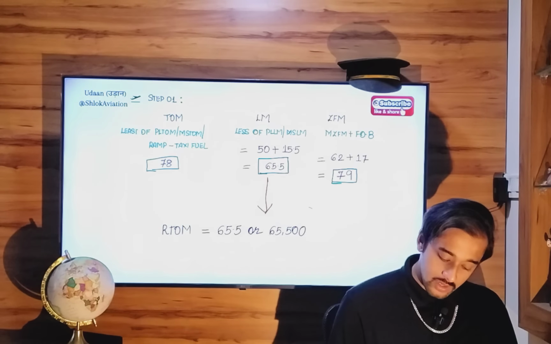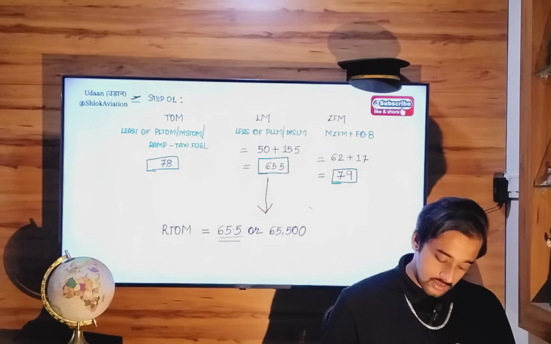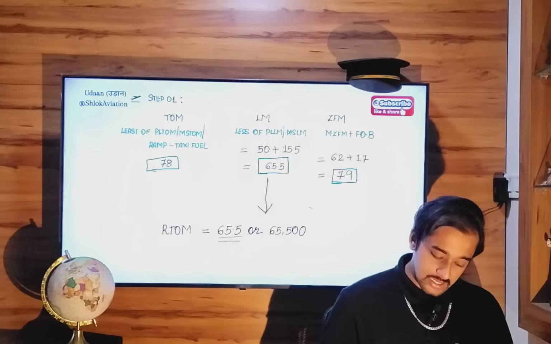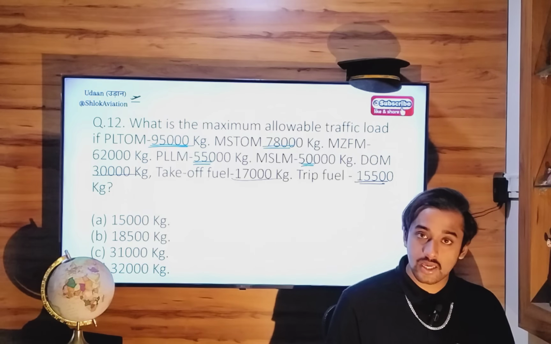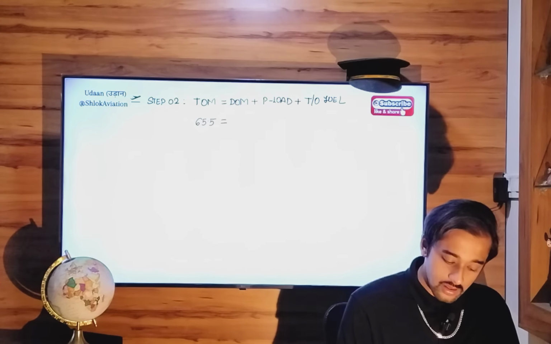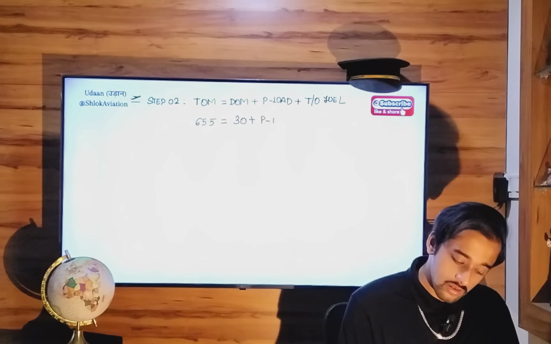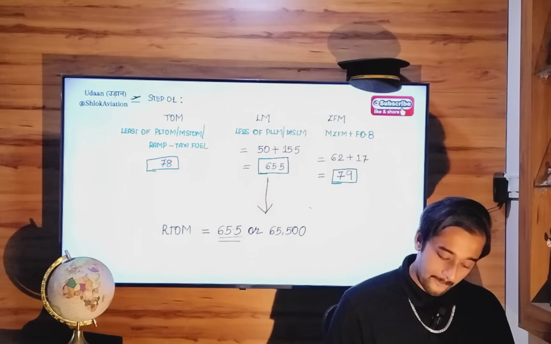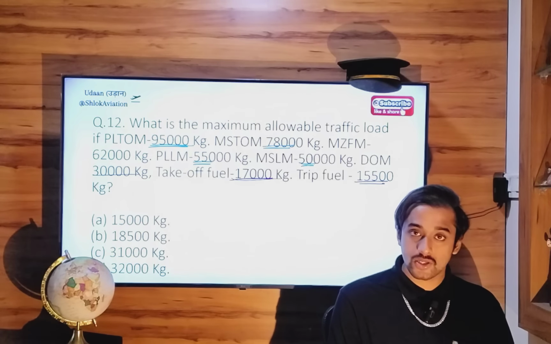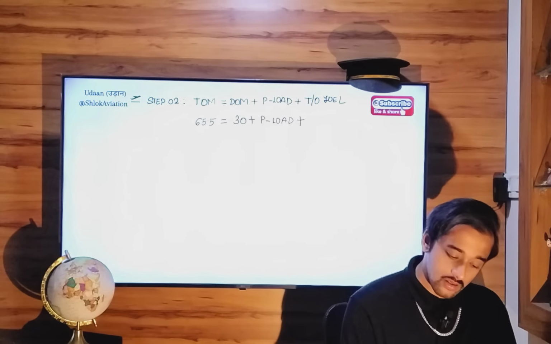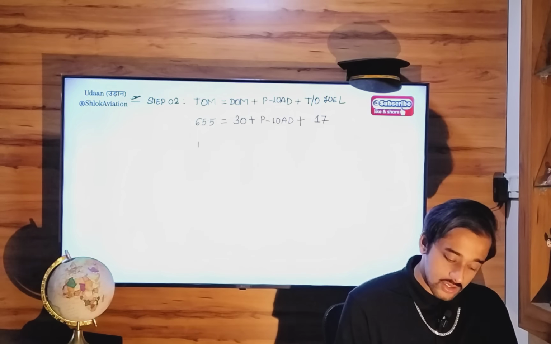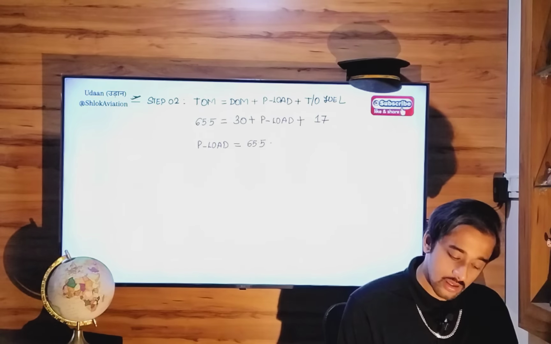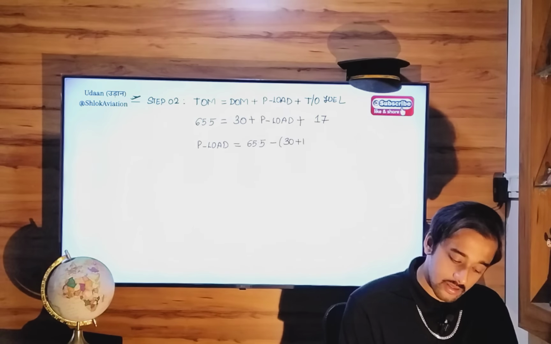So takeoff mass is how much? 65.5. Dry operating mass is 30,000 kg, so 30 plus payload plus takeoff fuel or fuel on board, which is 17,000, so plus 17. Payload will be equal to 65.5 minus 30 plus 17.